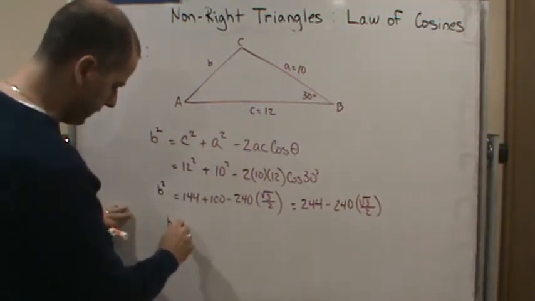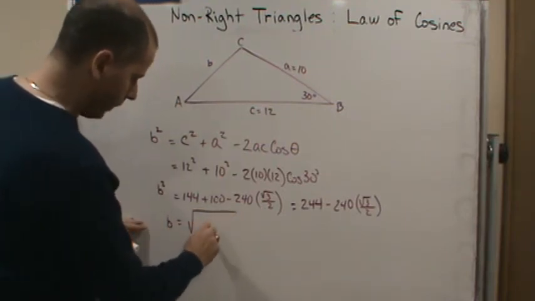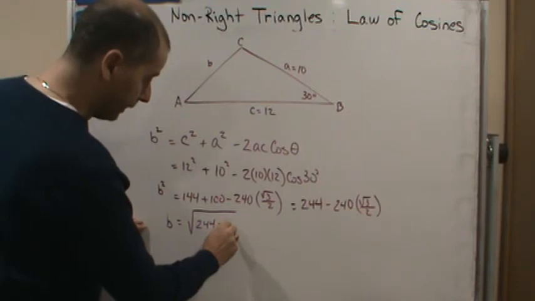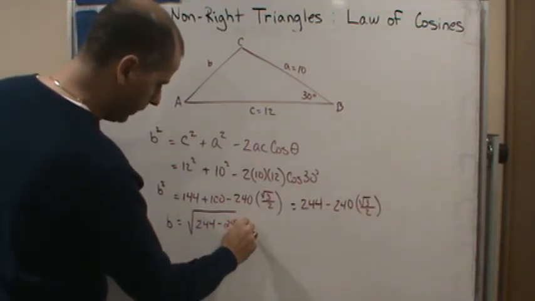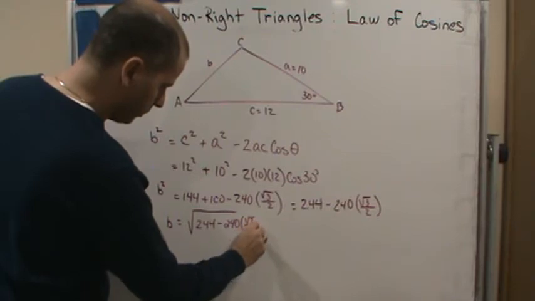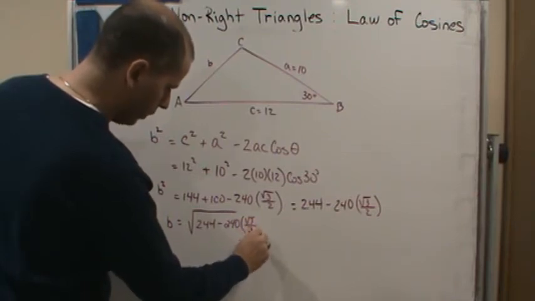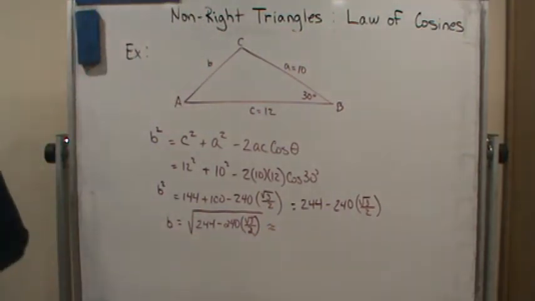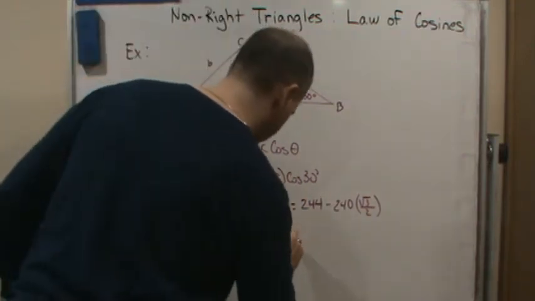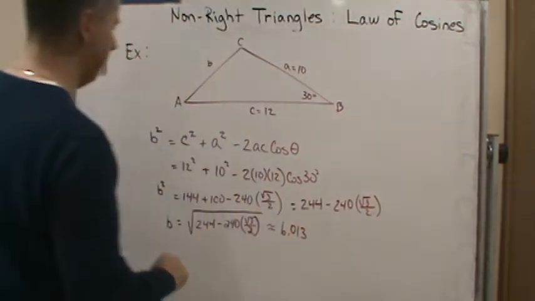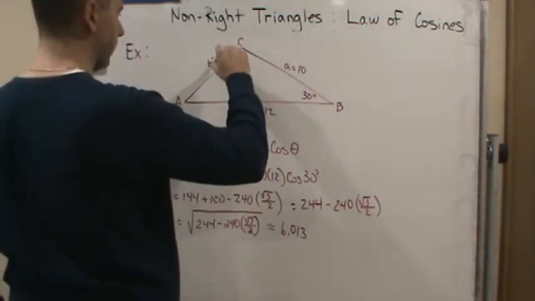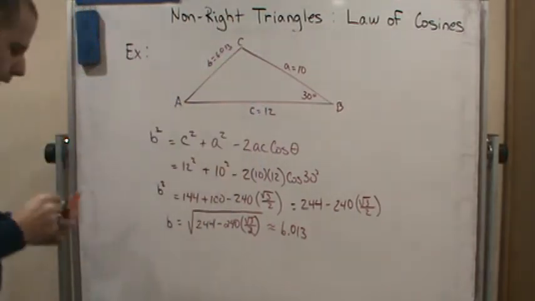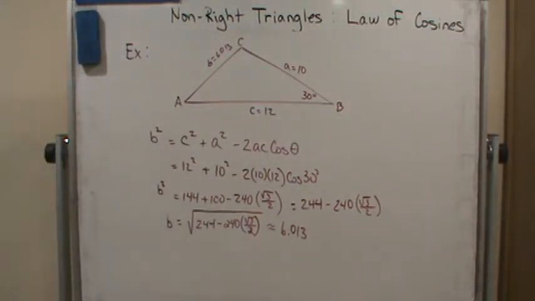So b is equal to the square root of 244 minus 240 times the square root of 3 over 2. Taking the square root in our calculator, we get approximately 6.013. And that's for b.